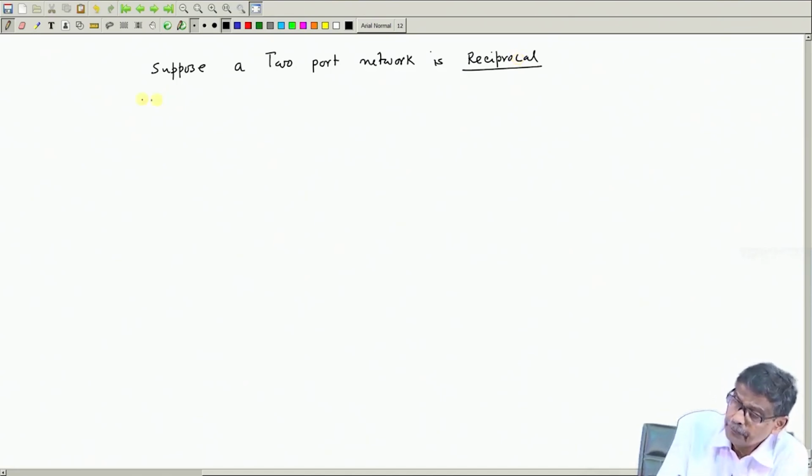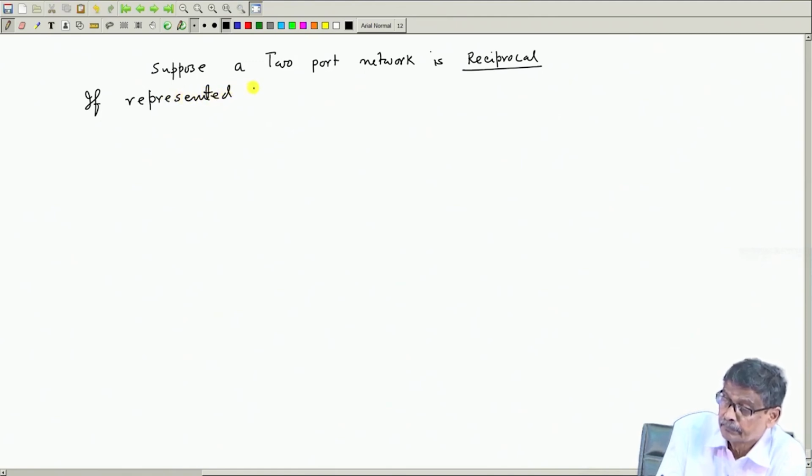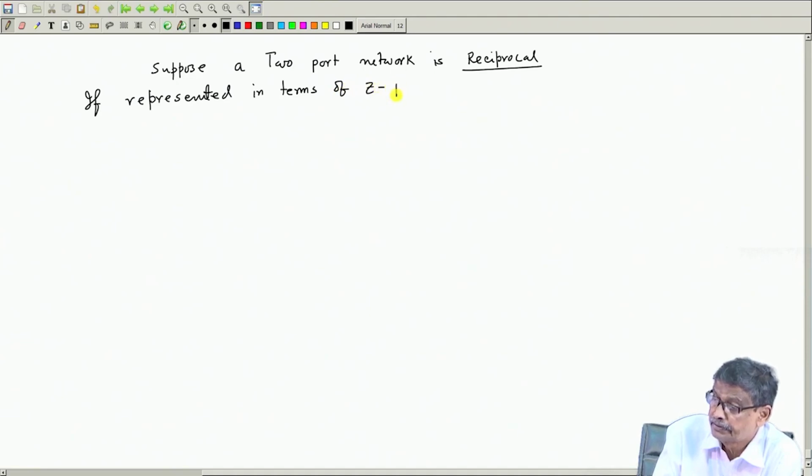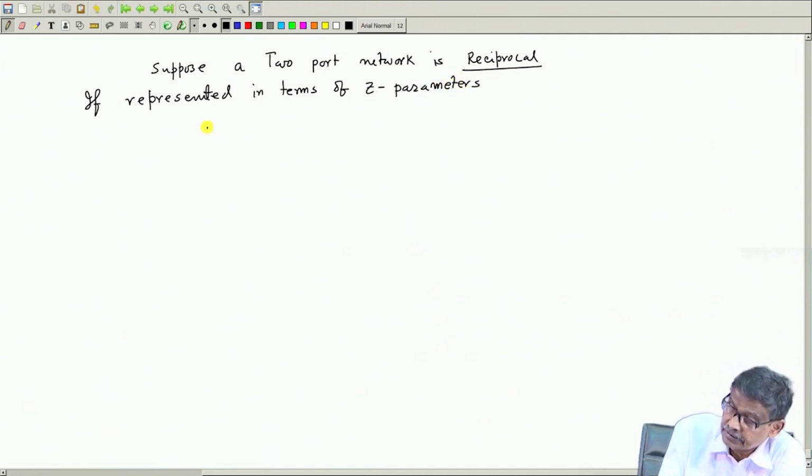Therefore, if represented in terms of Z parameters, then these equations are true.